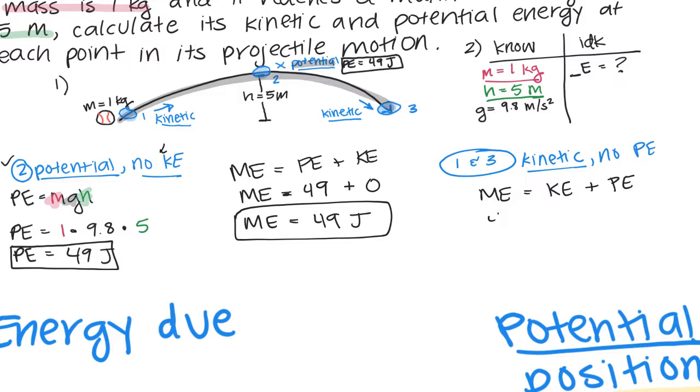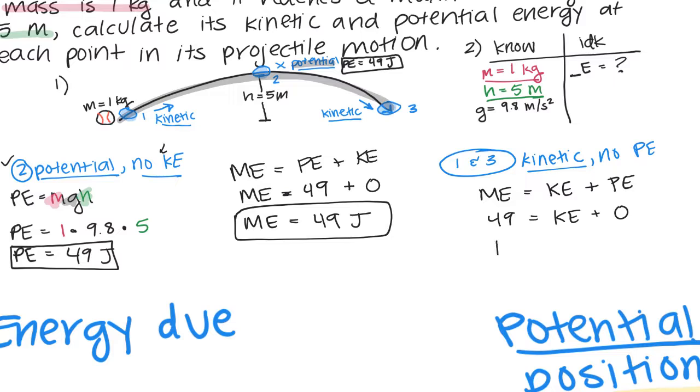We know our mechanical energy is 49 joules, and that 49 is going to be equal to our kinetic plus our potential energy at these 2 points. Our potential energy is 0 at both point 1 and point 3.